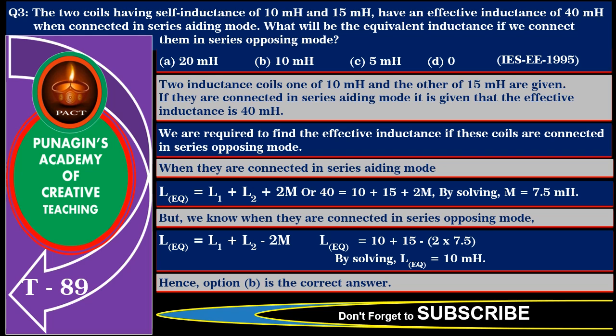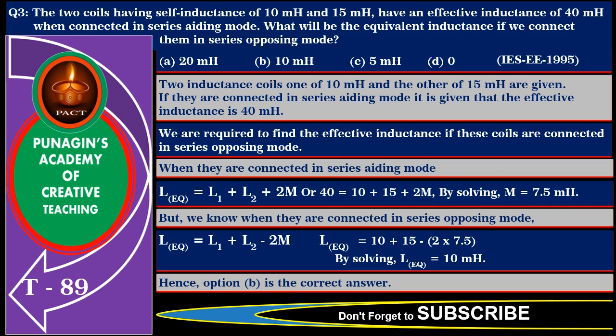We know when they are connected in series aiding mode, L equivalent is equal to L1 plus L2 plus 2M. We know L1 and L2 and effective inductance. Hence, we can find M. By substituting the values and solving, we get M is equal to 7.5 millihenries.